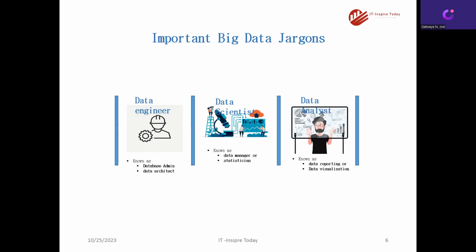But all these jargon are associated with each other. You cannot be a data analyst unless you understand the data engineer. You need to know where data is coming from. You can't be a data manager without understanding the data engineer. So the data engineer is the first one to know, the first leg to settle you into the world of big data.